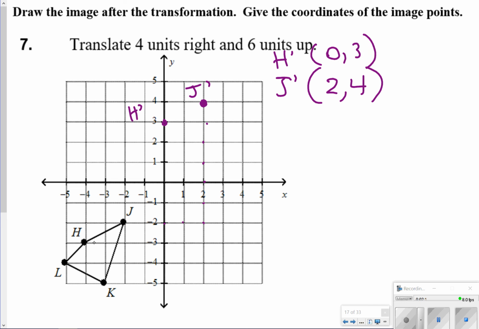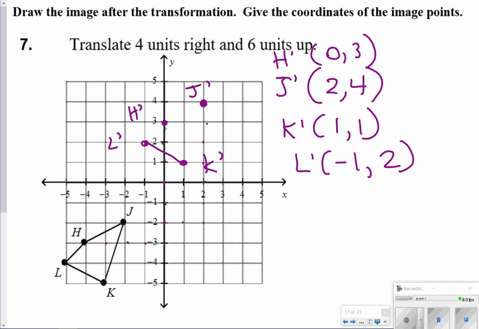All I did was go 4 to the right, 6 up. K prime should be at 1, 1. And L prime should be at -1, 2. When you connect all your points together, the shape should still look the same, except just slid up a bit.